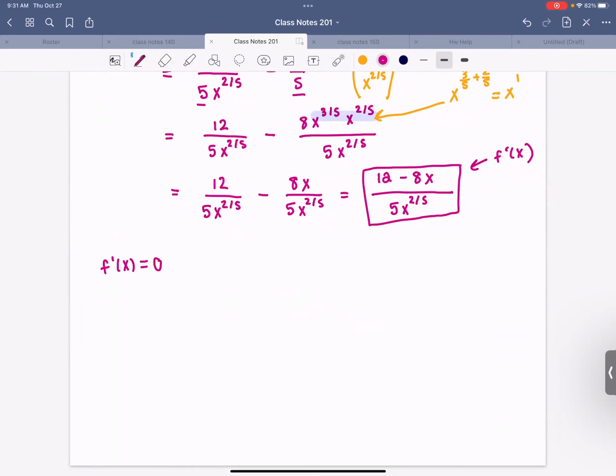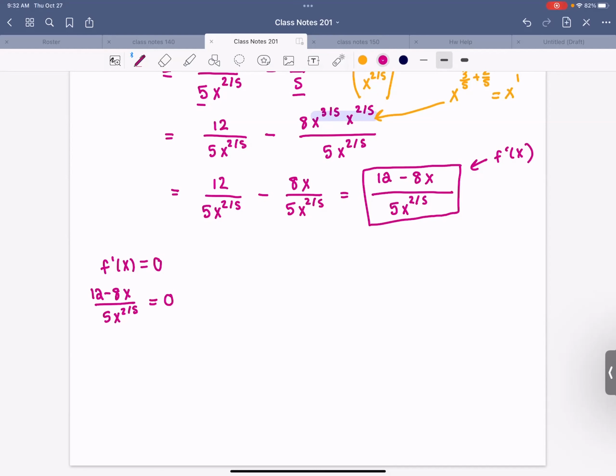Okay, my derivative is 12 minus 8x over 5x to the 2/5, and I'm going to set that all equal to 0. What can I do on both sides to make this a little easier? Dividing, I mean, you could, but it wouldn't help too much.